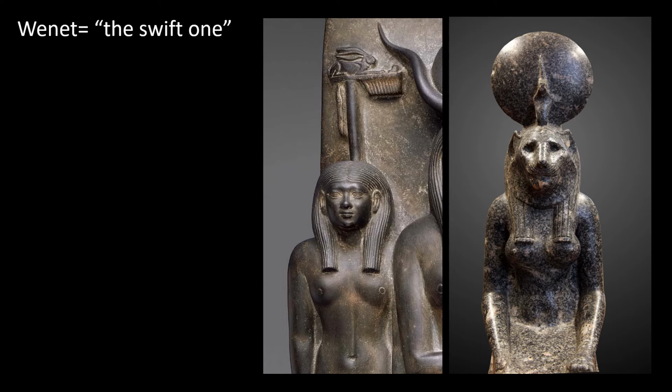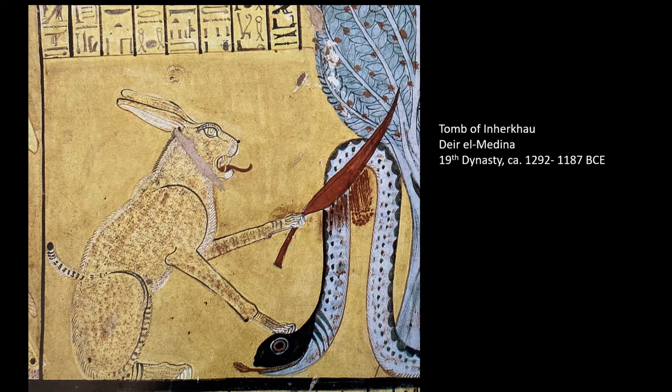Furthermore, while the serval cat is linked to a solar deity, the hare may have been linked to the moon, not only because of what the ancient Egyptians would have seen in these lunar splashes, but also because hares are nocturnal animals.